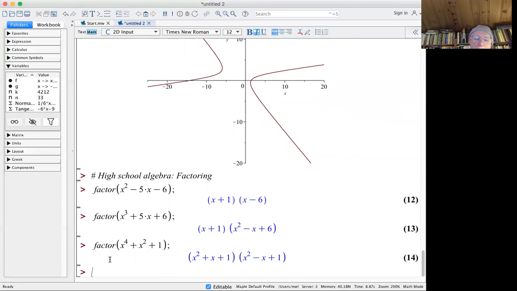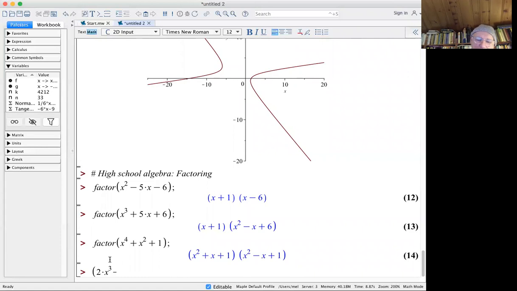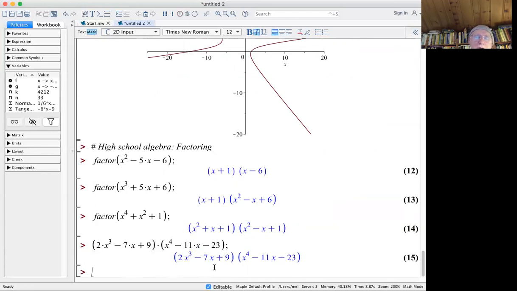Suppose you have two polynomials, like 2x cubed minus 7x plus 9, and you want to multiply that by another polynomial. Well, nothing happened. It just doesn't multiply.